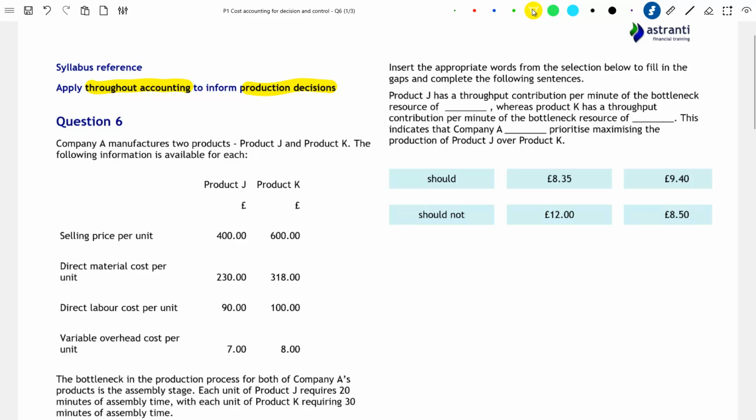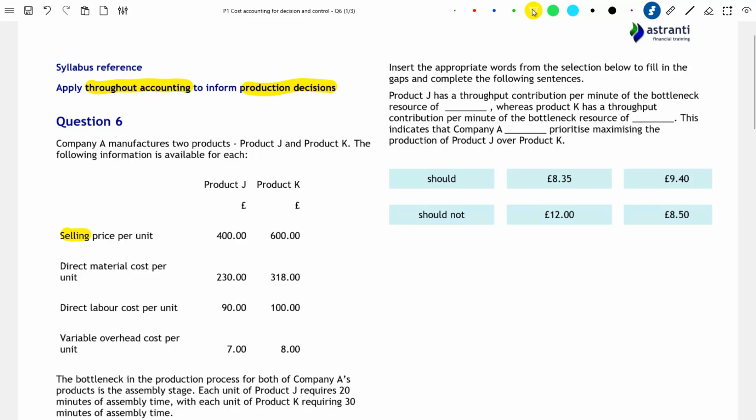So question 6 tells us that Company A manufactures products J and K, and we've been given some information regarding the selling price for both of these products per unit and also some of the per unit costs associated with producing these products.